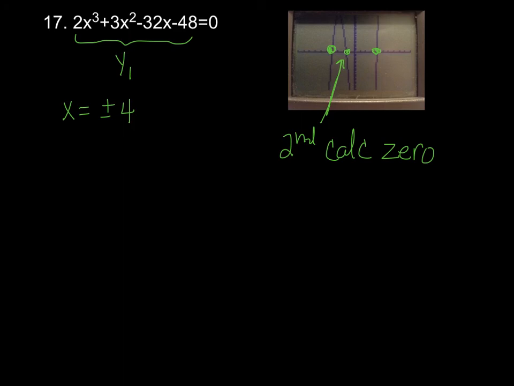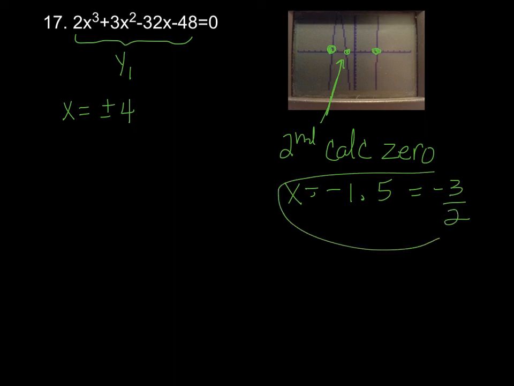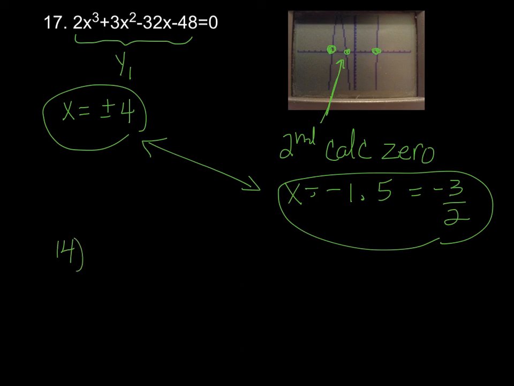And when you do that, you will get x equals negative 1.5, which is negative 3/2. So with this one here and this one here, those are your solutions. That is choice 4, which is the negative 3/2 as well as the plus or minus 4. So that's where the graph hits the x-axis.